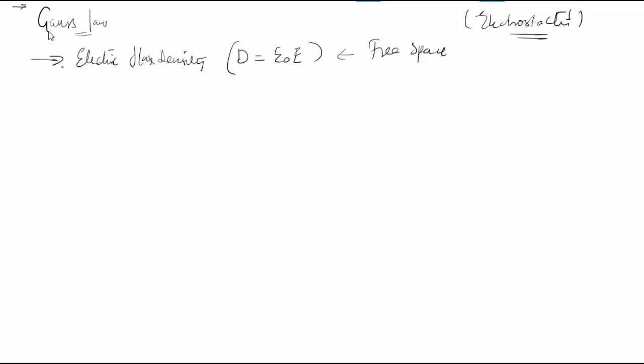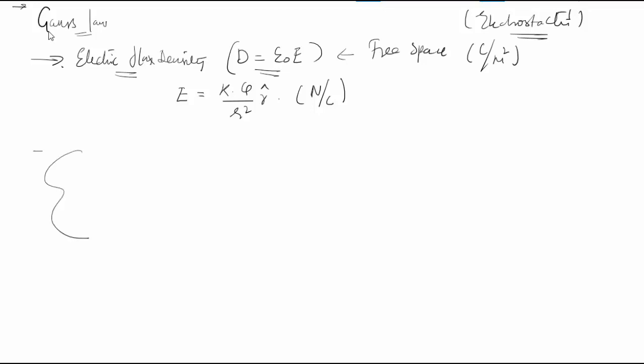So this is Gauss's law defined for electrostatic fields. Next, we know that the electric field is given by kq divided by r squared times the unit vector, and its unit is newton per coulomb, while the unit of electric flux density is coulomb per meter squared.